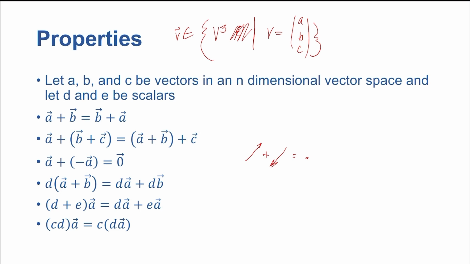Furthermore, if I want to do a scalar multiplication on a sum, I can take all the vectors separately. So D times (A plus B) is equal to D times A plus D times B. All right, finally, we have two more.